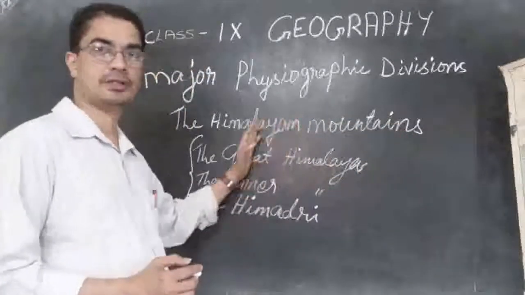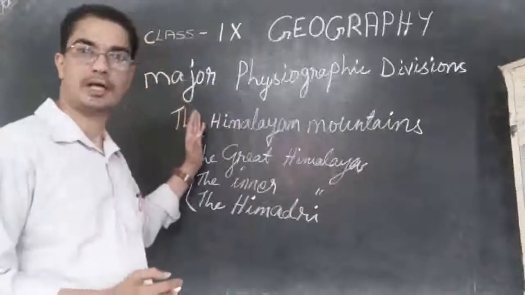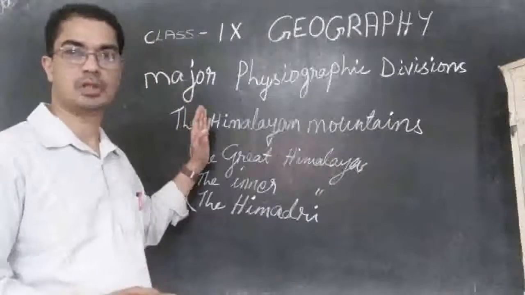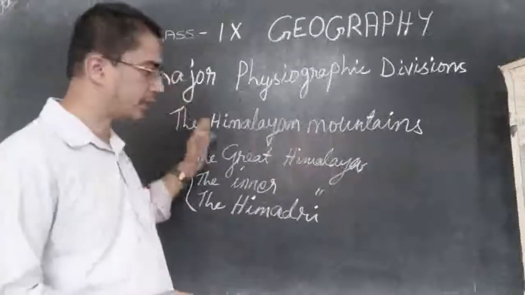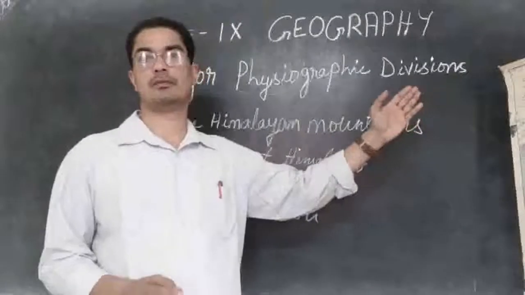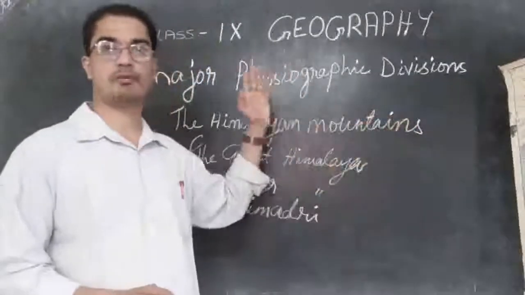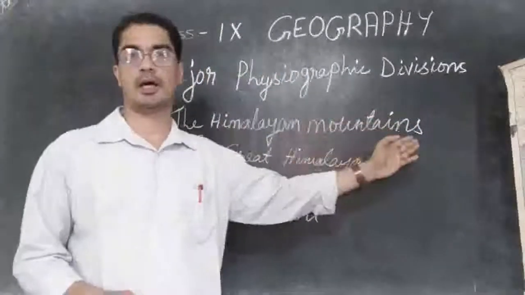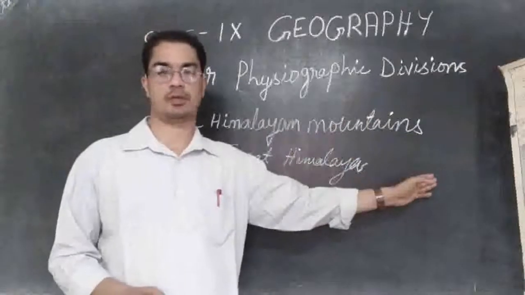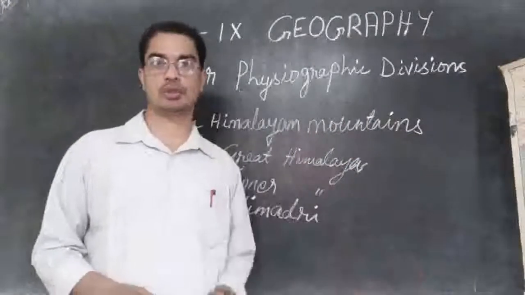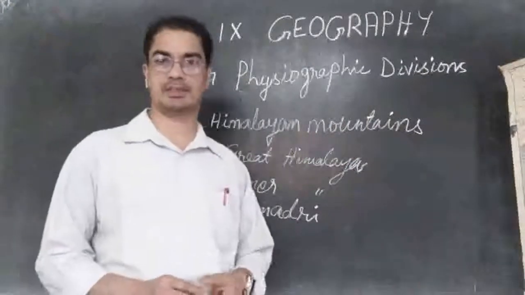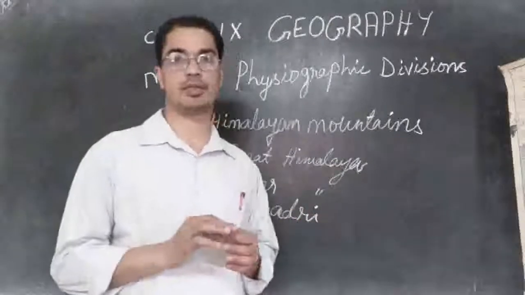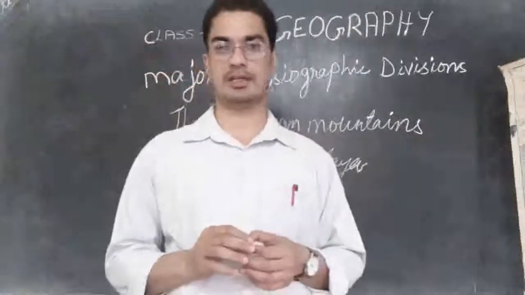In the western side, the high peaks are fewer. The total length of the Himalayas, starting from Jammu and Kashmir and ending in Arunachal Pradesh, is 2,400 kilometers.